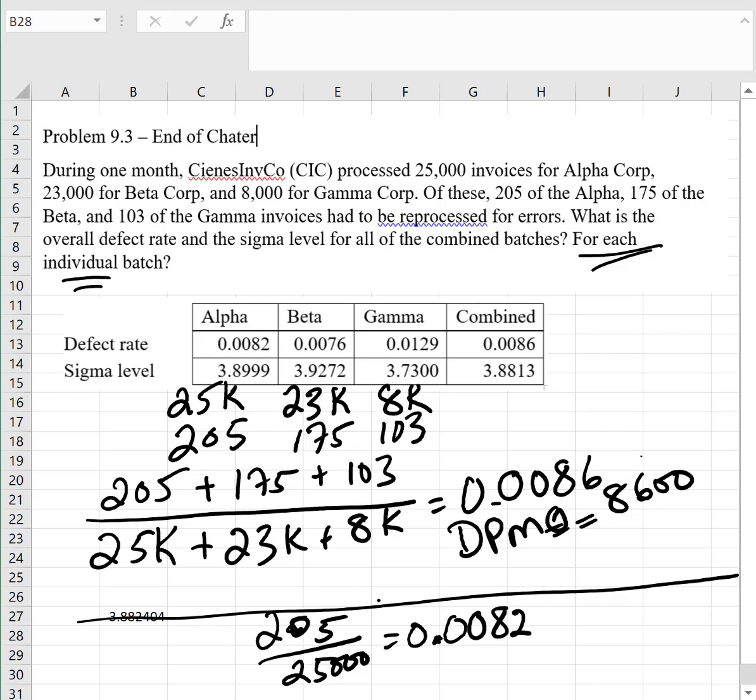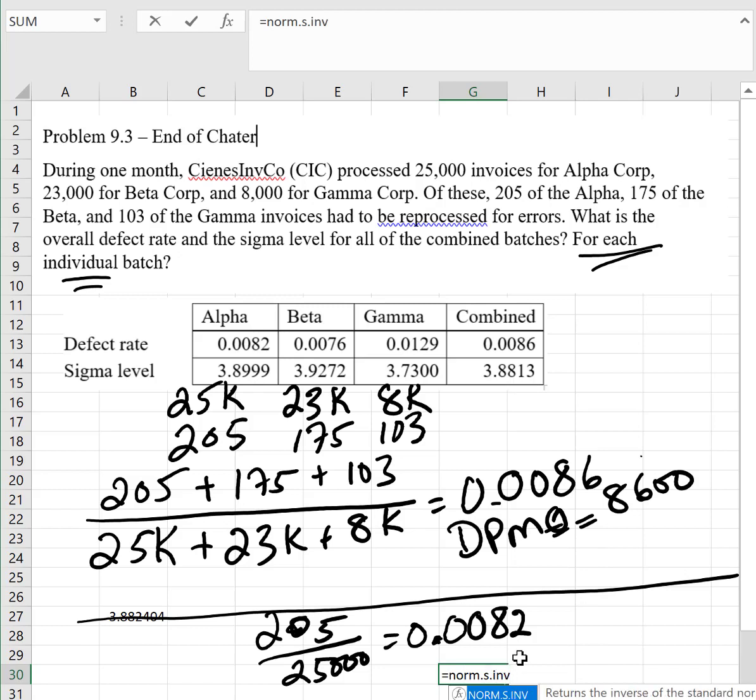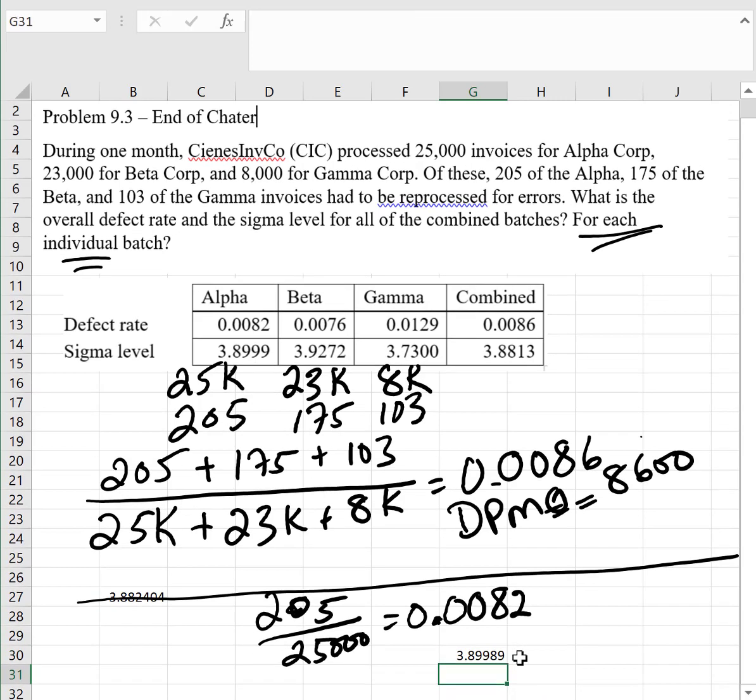And then using exactly the same thing as we did with the standard normal inverse, we would have NORM.S.INV of 1 minus our defect rate, 0.0082, and then I'll add the 1.5 shift.